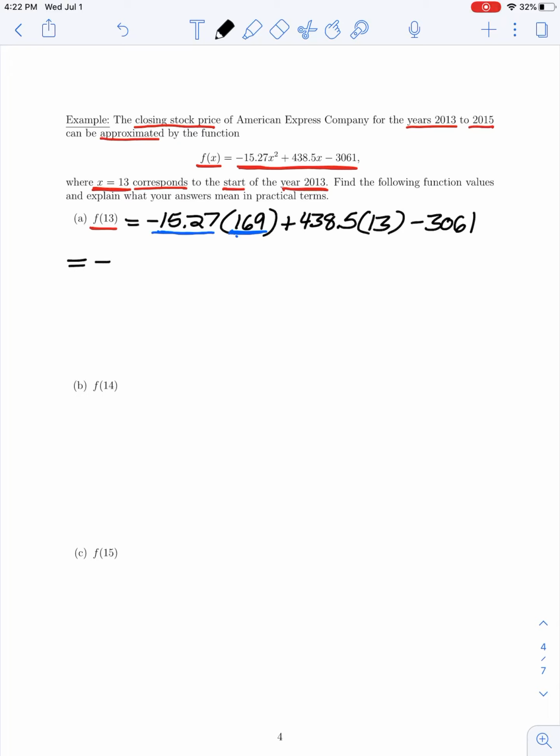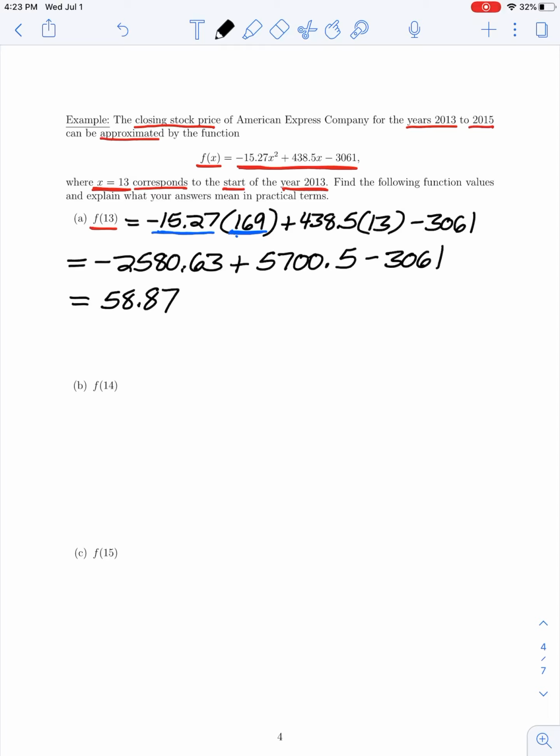So that first product leaves us with a negative 2,580.63, then plus our 438.5 times 13 gives us 5,700.5, and then we're subtracting 3,061 from the end. So again, using a calculator to combine these terms, we're left with a value of 58.87.